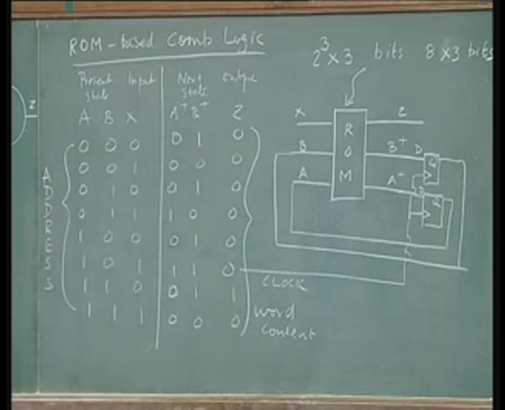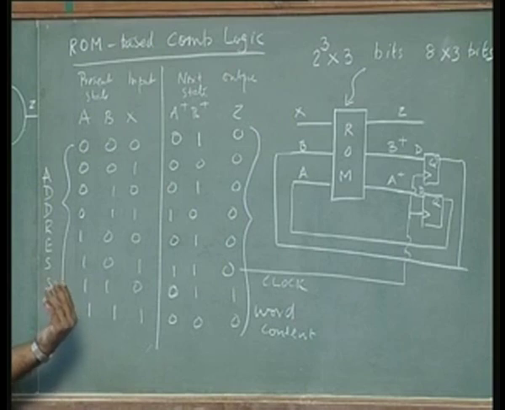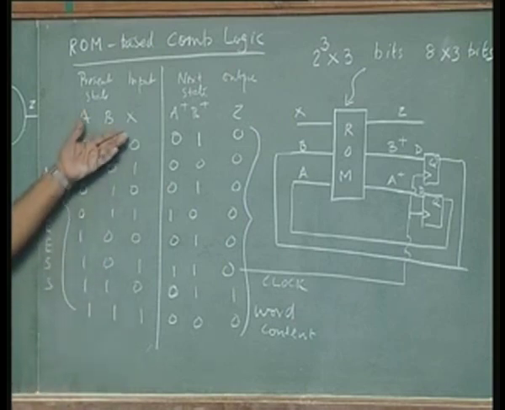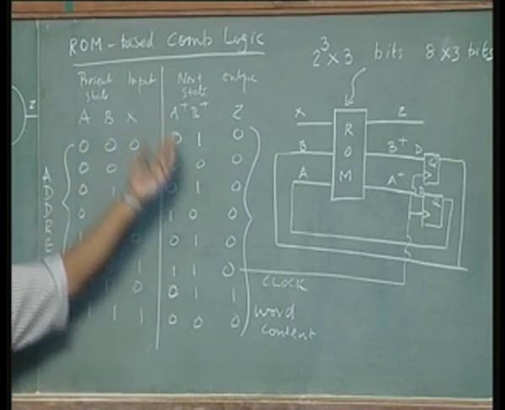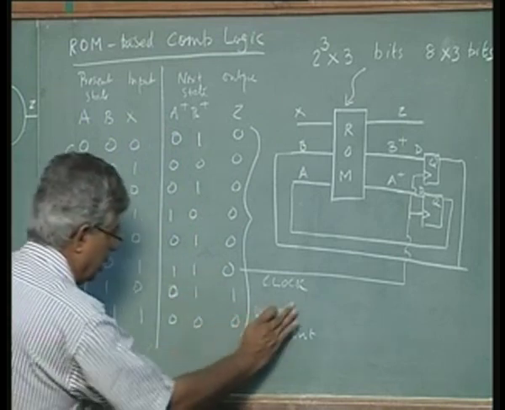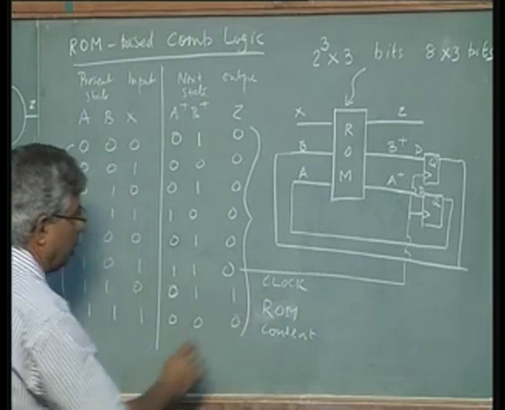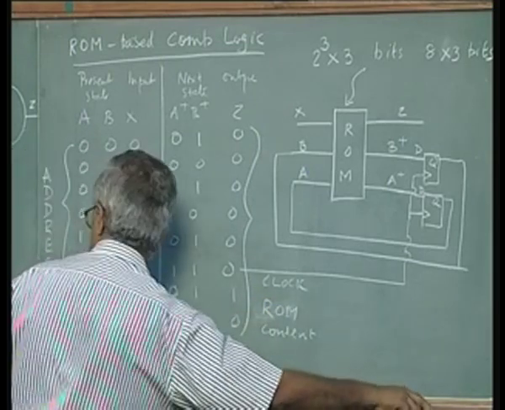That is what it is. This is not called a state table or a truth table. They call it a ROM table, in which they give the address on the left hand side and the content of that address, the ROM content.